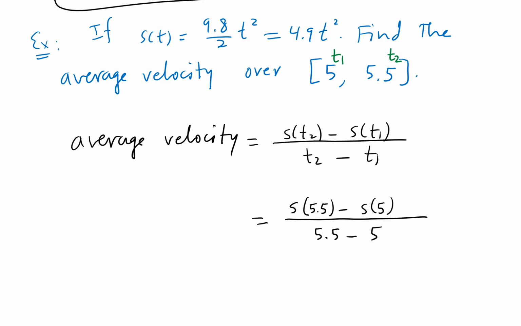How do I find s of 5.5? All you have to do is just substitute into the given formula: 4.9 times 5.5 squared minus 4.9 times 5 squared over 0.5. Can I change the number? Instead of 5.5, can I make it 5.1?